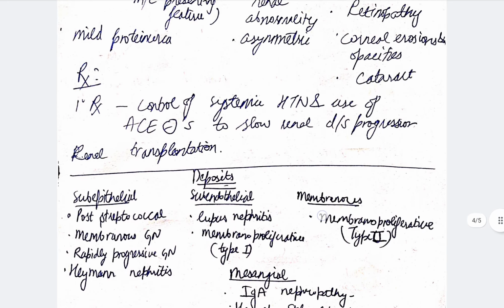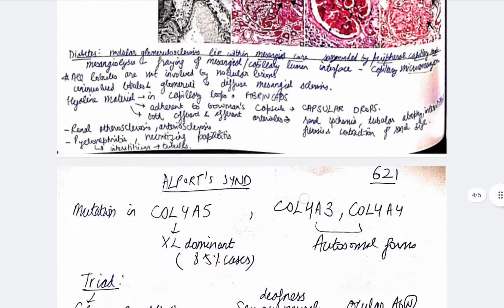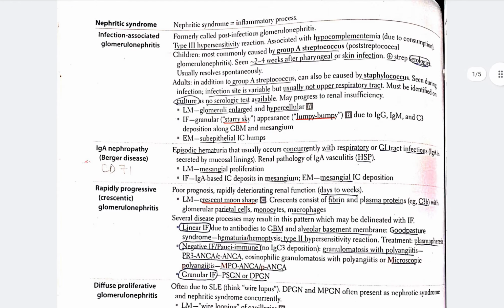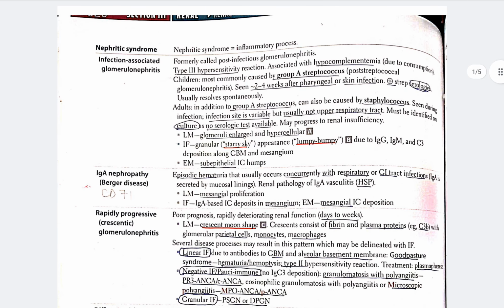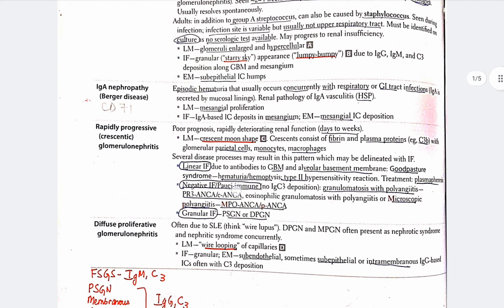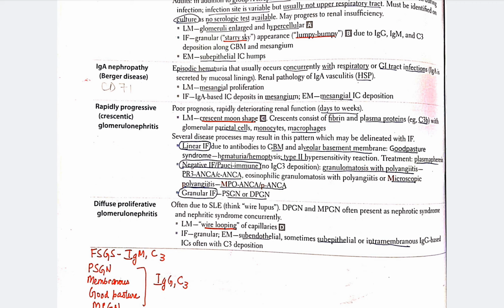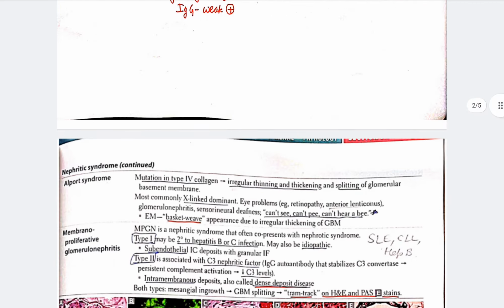Now at the last, we will be again revising the classical names as they are more likely to be asked. So what are the classical names of the appearances? In the infection associated or PSGN: starry sky, lumpy bumpy. In children after pharyngitis, what is occurring? Starry sky or lumpy bumpy. Then in rapidly progressive, crescents will be formed. In SLE, diffuse proliferation, wire looping will be there.